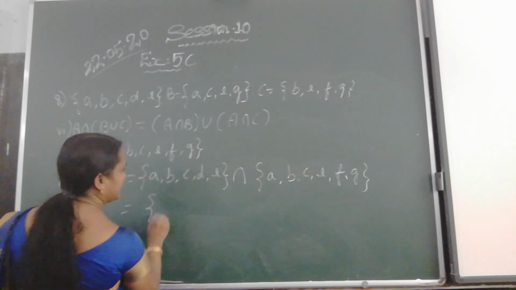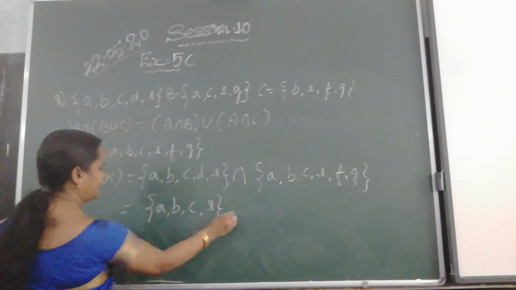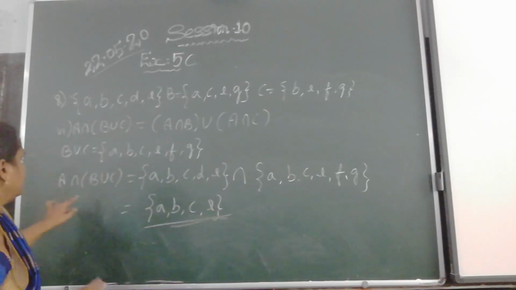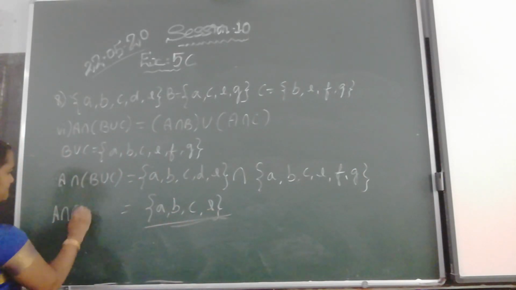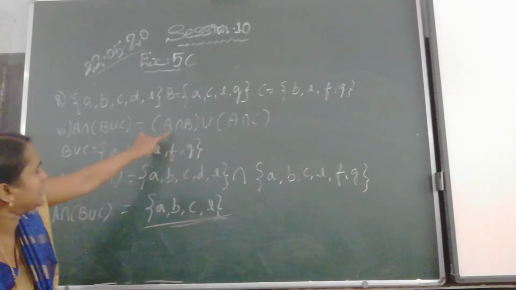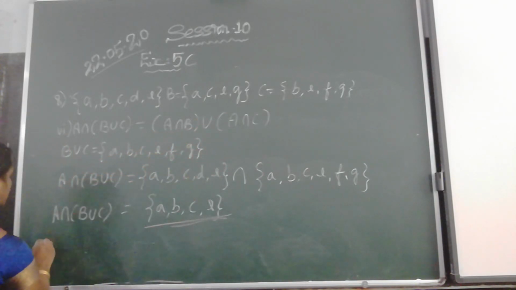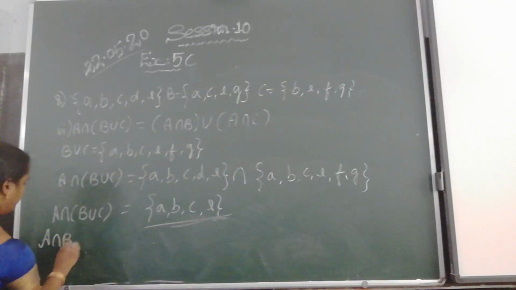Here we are getting A, B, C and E. This one we will get here as A intersecting B union C. Now we will move to the next one. First A intersecting B we have to find out, then A intersecting C we have to find out. So first A intersecting B.